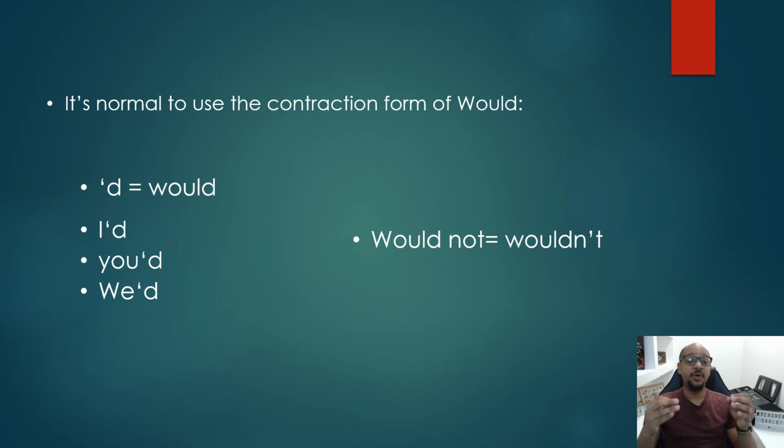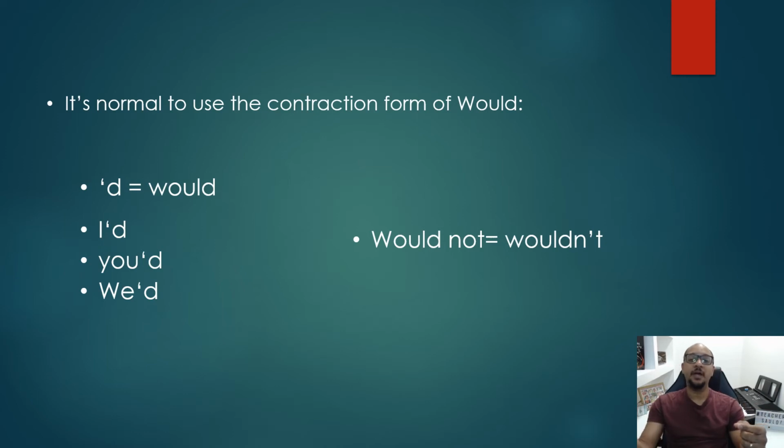We can do it with all the personal pronouns. It's pretty easy and pretty common. So, pay attention, right? If I want to make the contraction, just do it. Just apostrophe D.